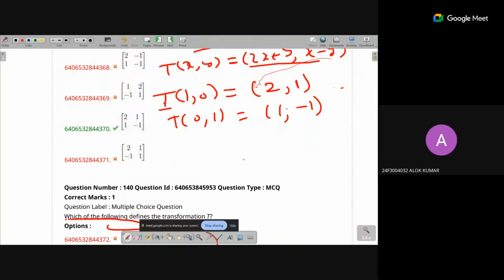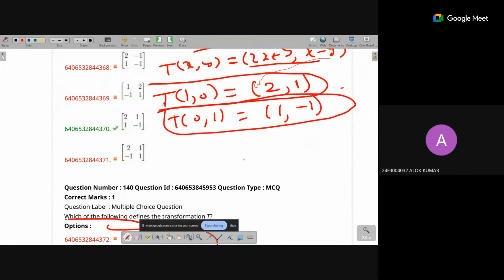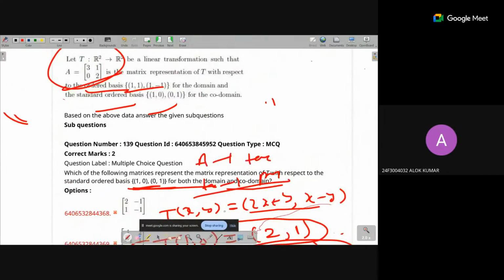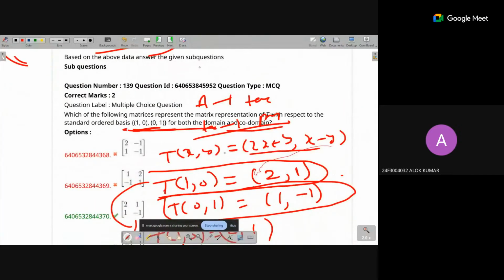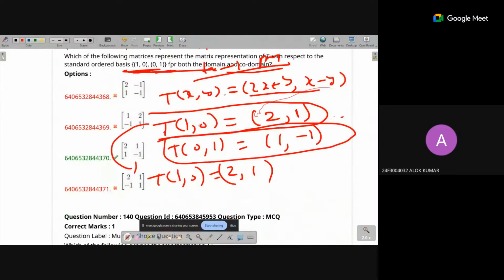Now this is the transformation of 1, 0 and of 0, 1. The transformation of 1, 0 I know is 2, 1. Now how to write 2, 1 in terms of 1, 0 and 0, 1? So you can write simply 2, 1 and here 1, minus 1.